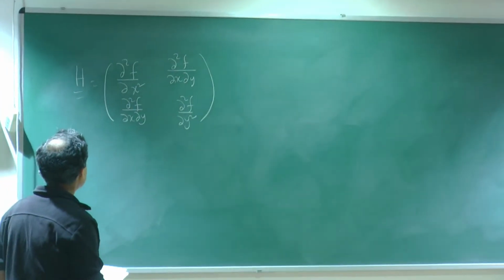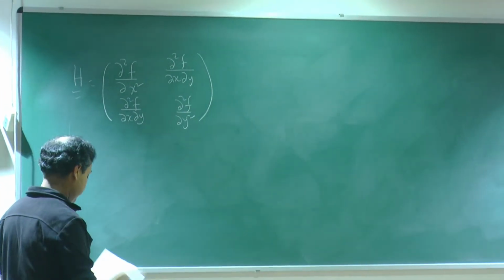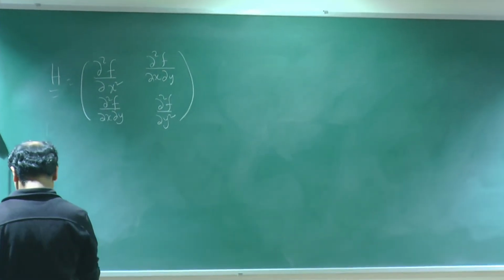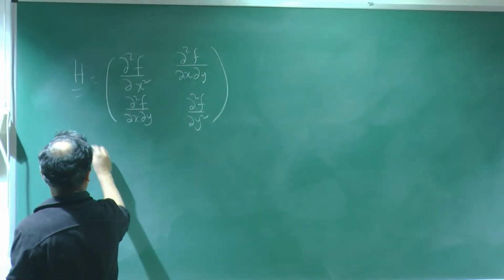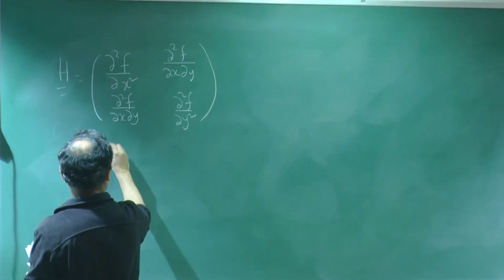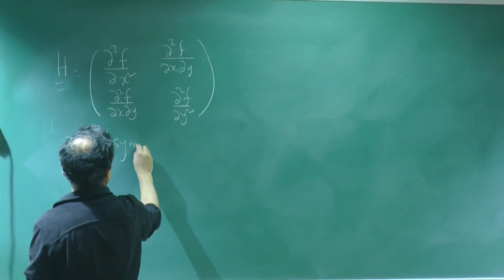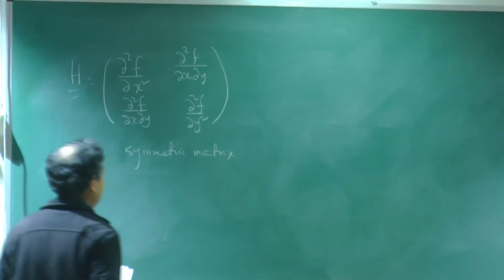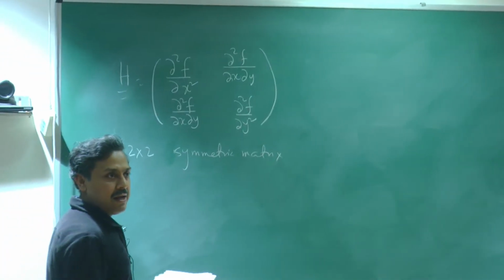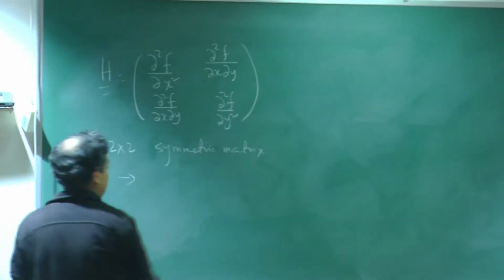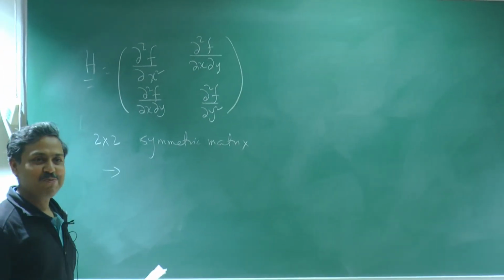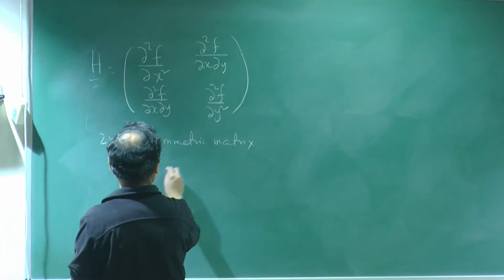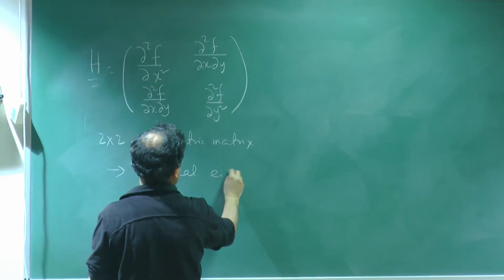And the question therefore is, what can we say about this matrix? The first thing about this matrix is that it is a 2 cross 2 symmetric matrix. And in such a case, and this is again going to be news for at least some of you, this will have 2 real eigenvalues.